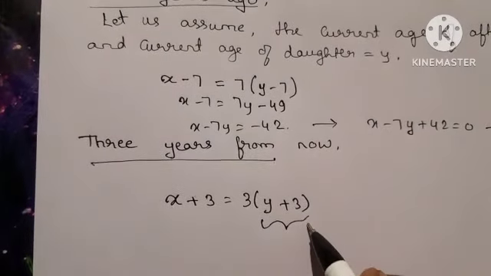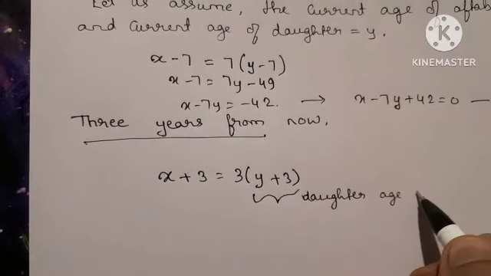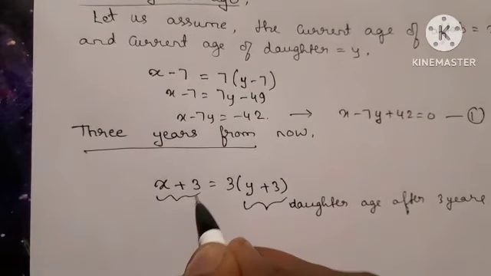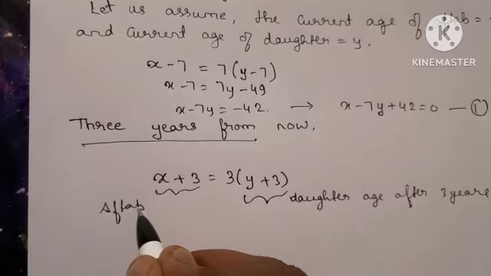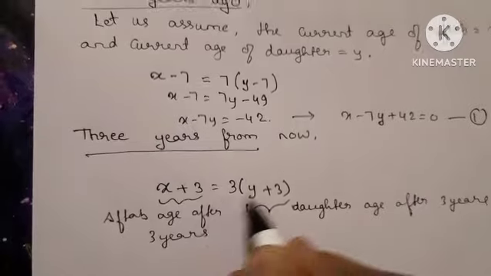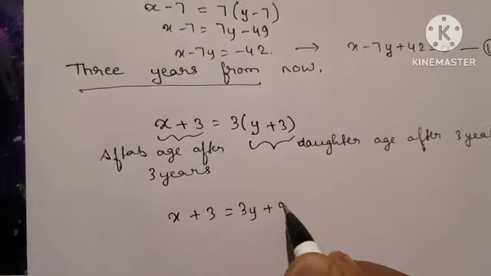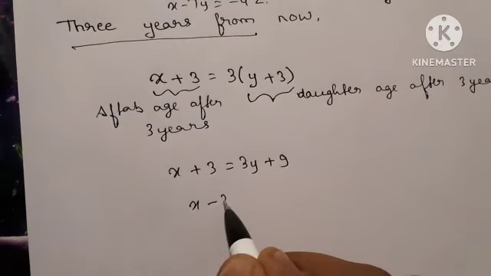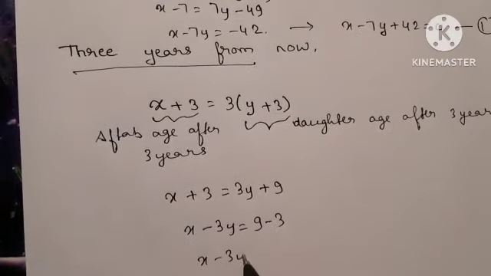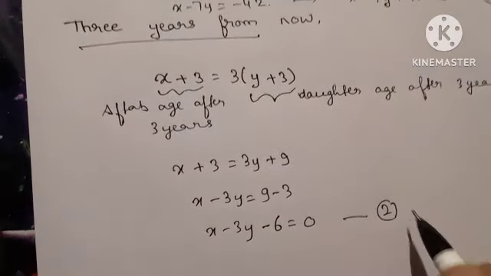So this statement represents daughter's age after 3 years, and this represents Aftab's age after 3 years. So when we solve this, we get x plus 3 equal to 3y plus 9. So we get x minus 3y equal to 9 minus 3. So x minus 3y minus 6 equal to 0. So we will take this as equation 2.